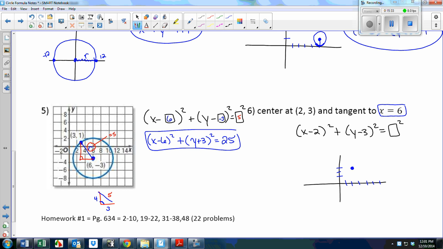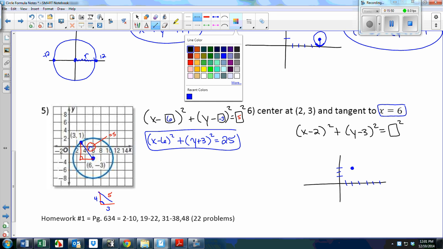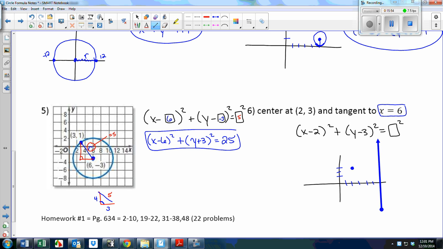How do you graph x equals 6? Think back to Unit 2, graphing lines. How do you graph x equals 6? It's the vertical one. x equals 6 is the vertical line. So I'll grab the line tool. It's a vertical line at x equals 6. Tangent means it will touch and turn right there.